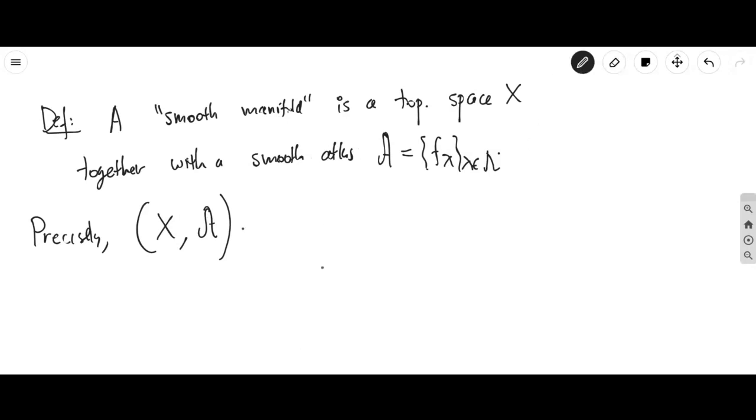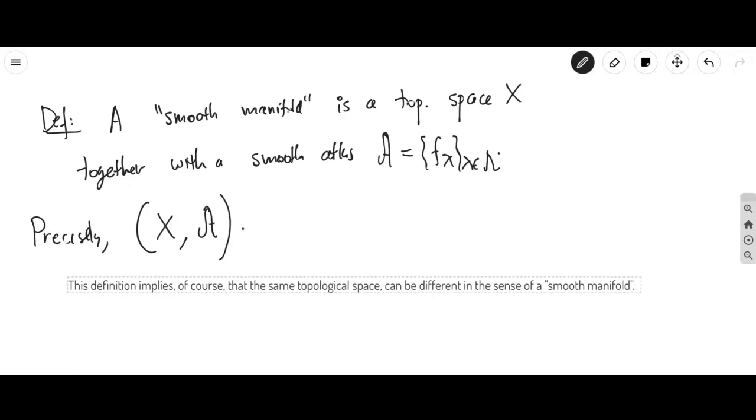So this definition implies, of course, that the same topological space can be different in the sense of a smooth manifold. You can have the same exact space, but you might have a different smooth atlas.